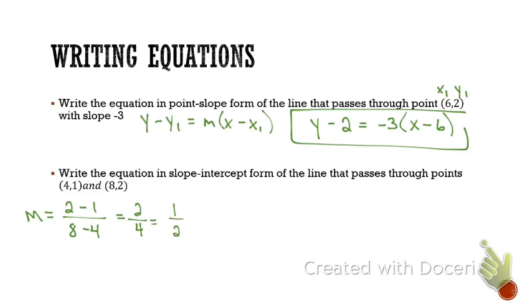Now, if one of these ordered pairs tells me the y-intercept, that's easy, I'm done. Does it? No, it doesn't, sadly. So that's where it's kind of a bummer, and you have to do point slope now. What I do is I just pick one of my ordered pairs. It doesn't matter which one you pick.